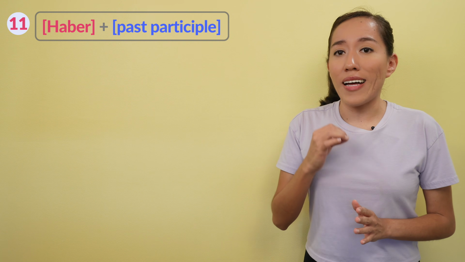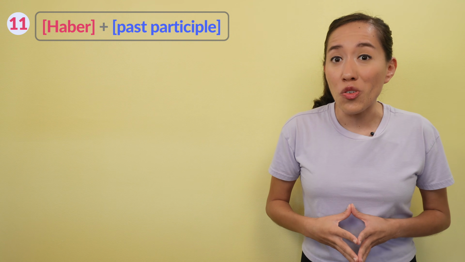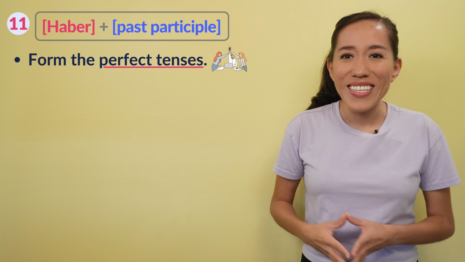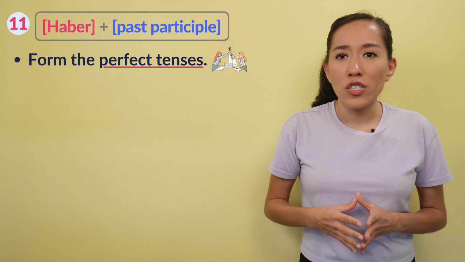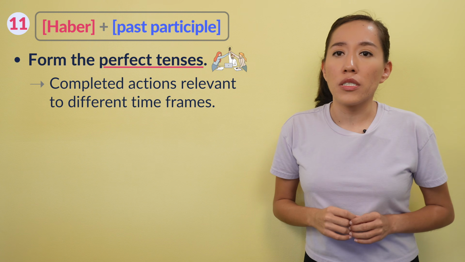Good luck with that. Haber is such a powerful verb porque además de tener la forma impersonal, on top of having the impersonal form, when we conjugate haber and we combine it with a past participle, we are going to form the perfect tenses. The perfect tenses are going to help you talk about completed actions that are relevant to different time frames.